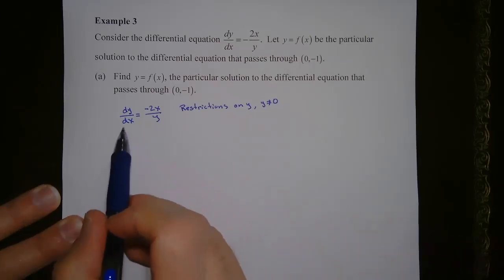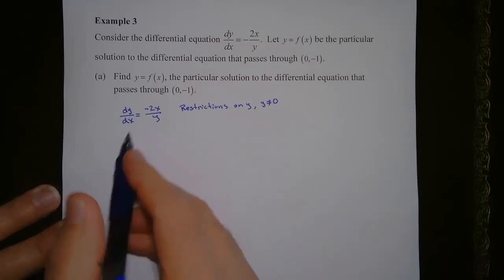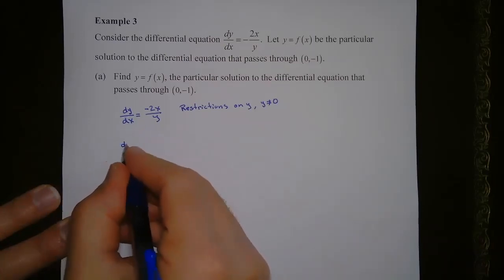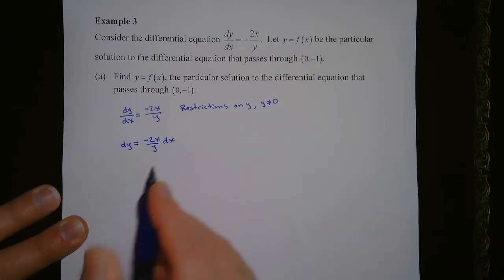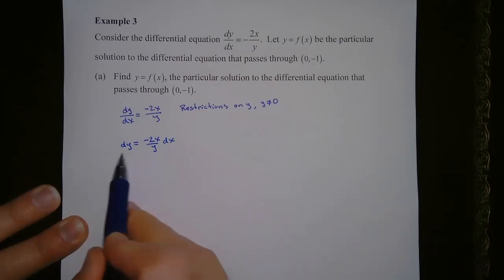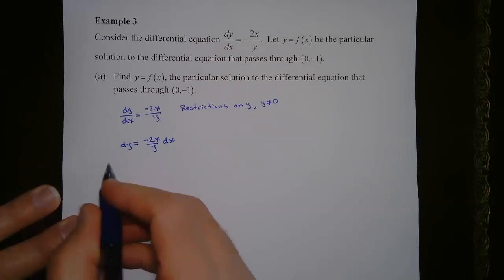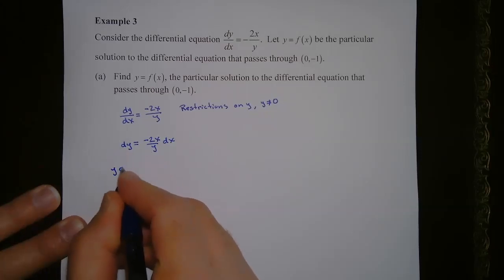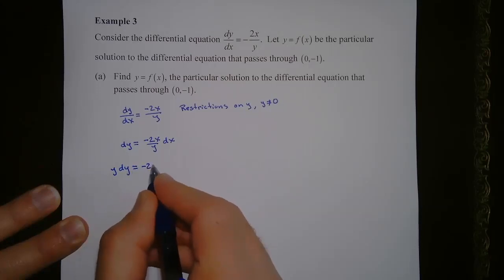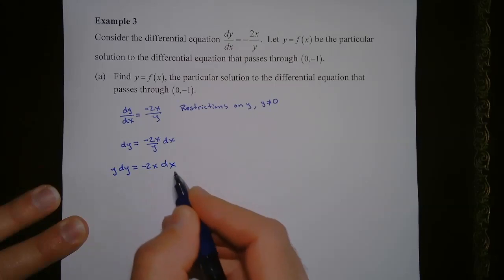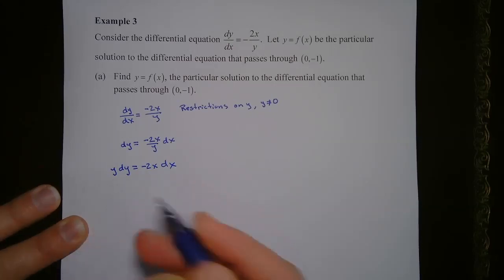All right, so let's start separating these, okay? So we have dy over dx, or dy, is equal to negative 2x over y dx. And then to separate these, let's multiply both sides by y to get rid of this denominator. And we get y dy is equivalent to negative 2x dx. And now what I want to do next is integrate both sides, because I've gotten my y's and dy's on one side and my x and dx's on the other side, okay?